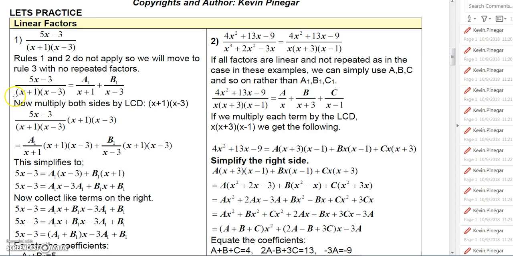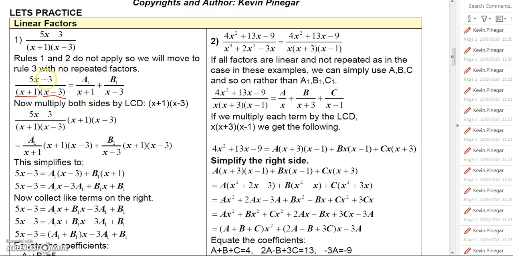See, the denominator factored into (x + 1) to the first power and (x - 3) to the first power. So I'm going to have a constant a1 over x + 1 and a constant b1 over x - 3.